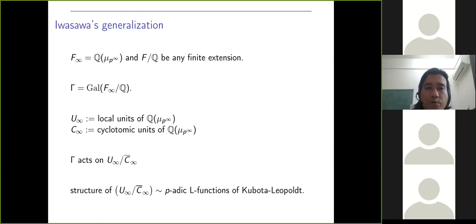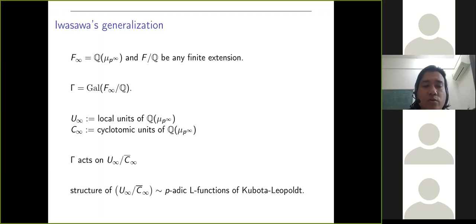Then I can look at this Galois group of F infinity over Q, and I call this Gamma. This will be isomorphic to Z_p star. And again, I can do the same trick. Now I will have U infinity and C infinity.